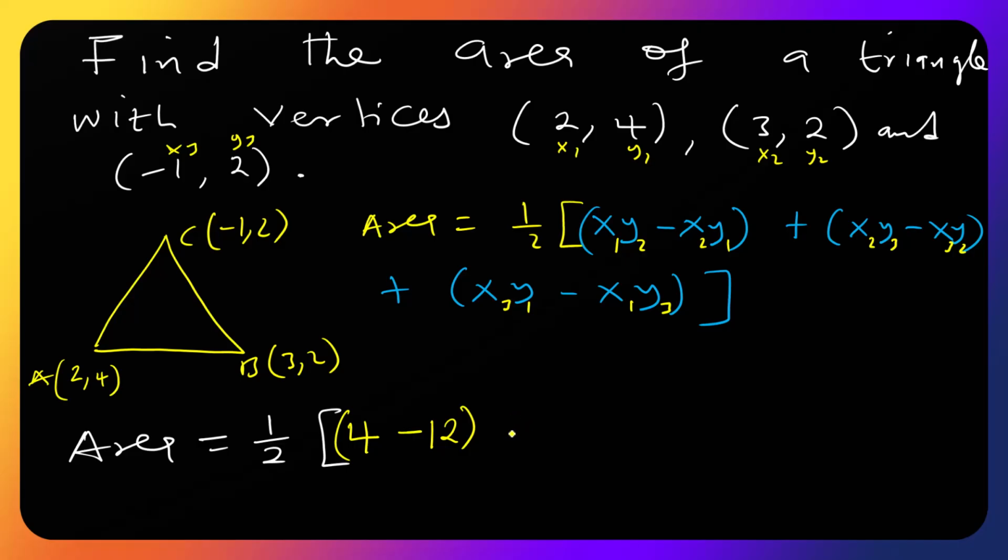Now plus, remember this side, x2 y3. x2 is 3, and y3 is 2, so 6, minus x3 y2. x3 is minus 1, and y2 is 2, so that will be minus 2.